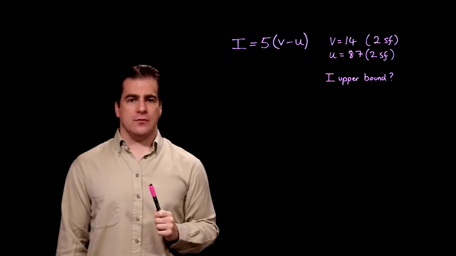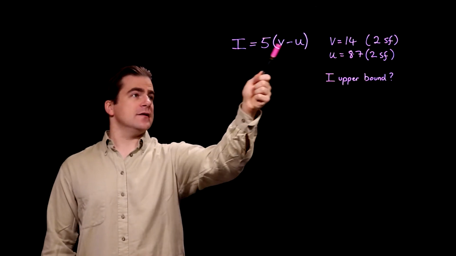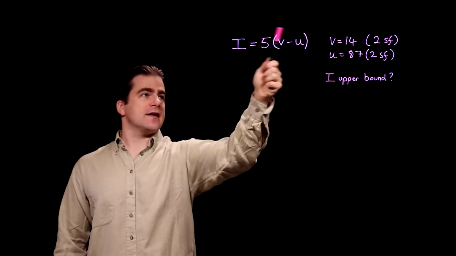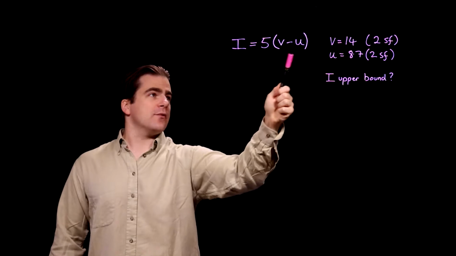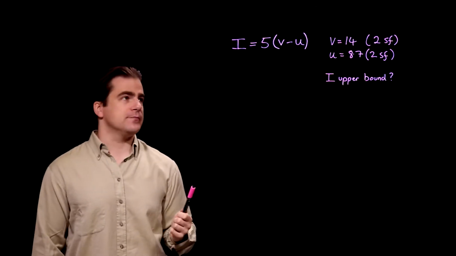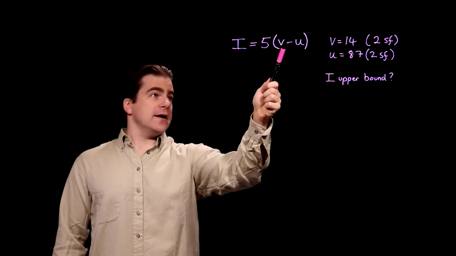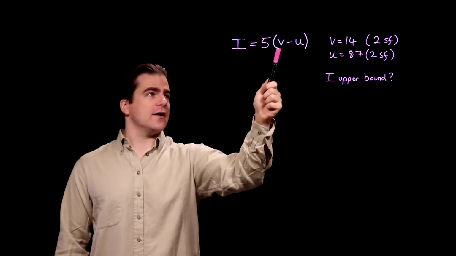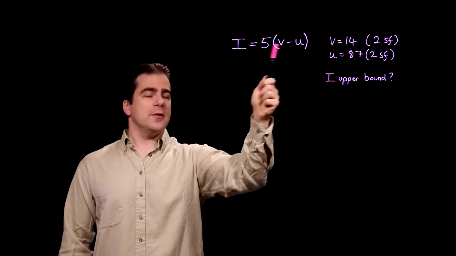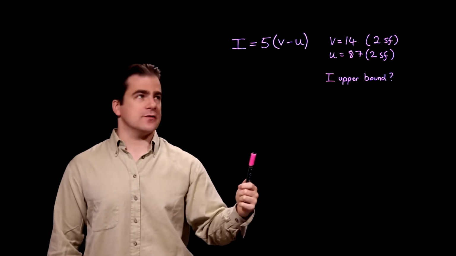Right, upper bound, so we have to make I as big as possible. So this has to be as big as possible. That means the thing in brackets has to be as big as possible. To make that as big as possible, because v is positive, we have to take the upper bound for v to make that as big as possible.